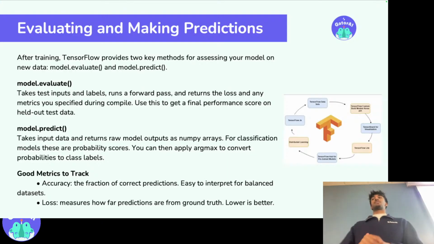The model is saying, for example, I think there's a 97% chance that this is a 7, and a 2% chance that it's a 1, and so on. It's just guessing. To get the predicted class, you run np.argmax, another function we'll get into, on each of the output rows, which picks the index with the highest probability.